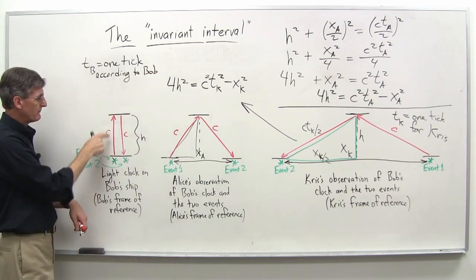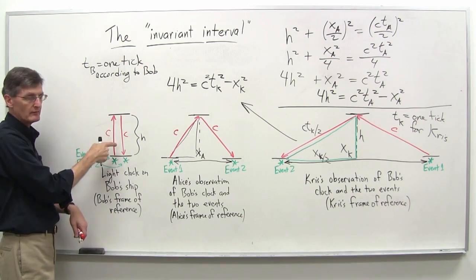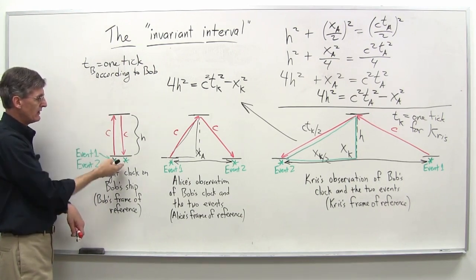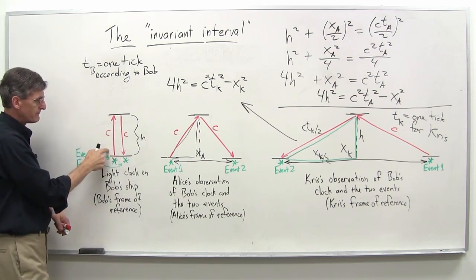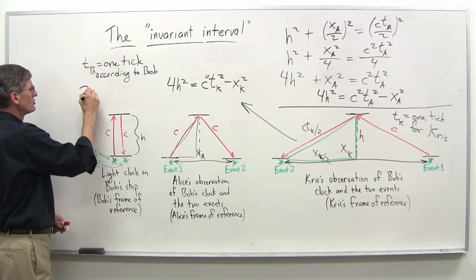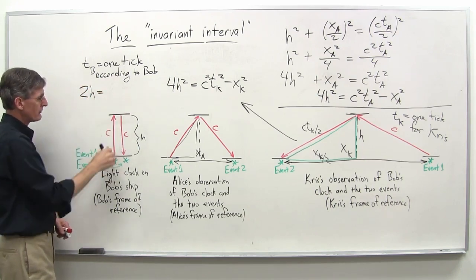The time to go up is therefore half of T sub b, and c times T sub b times half of that. So the total distance here for Bob is 2h, h up and h down.